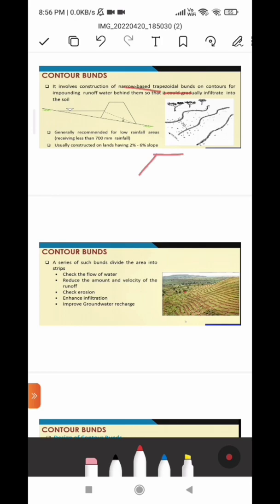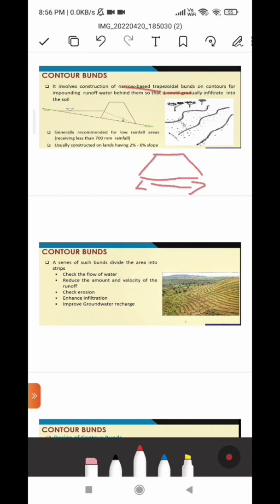Narrow-based means the base of this trapezoidal bund would be as small as possible because we want to save the agricultural lands, because while making this bund we cannot plant crops on the bunds.